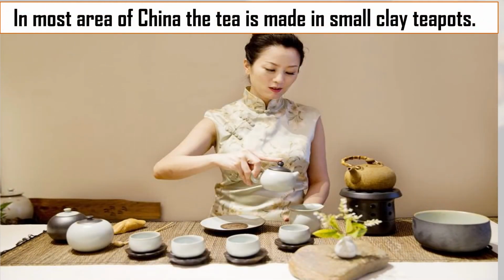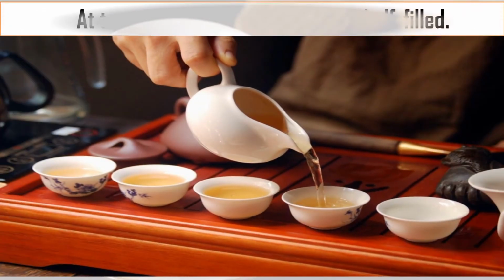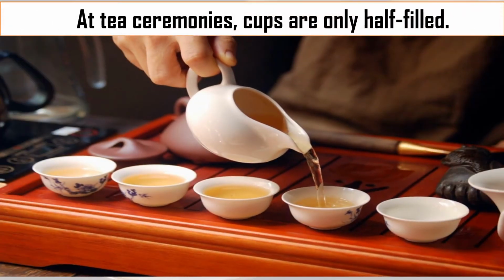As we have learnt about China in the last session, in most areas of China the tea is made in small clay teapots. You can see a small clay teapot kept directly on the gas stove, and the tea is made in those clay teapots. While serving the tea at tea ceremonies, cups are only half filled.